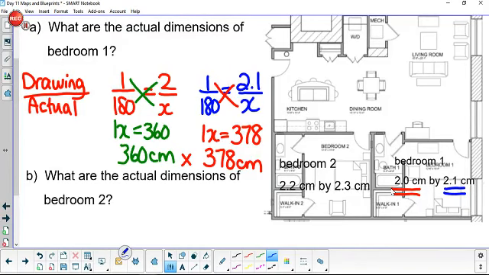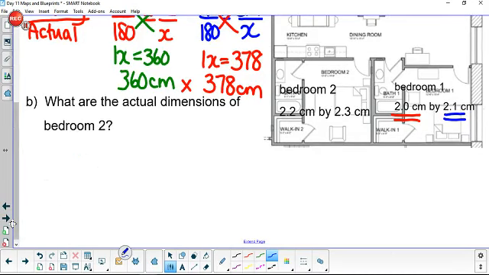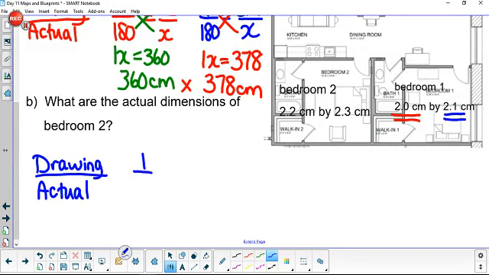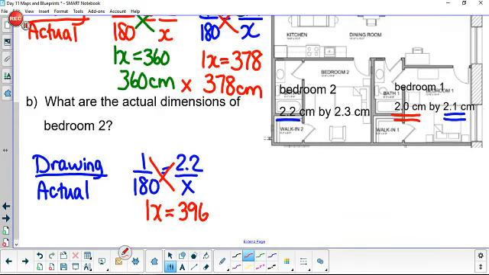So what are the actual dimensions of bedroom 2? We do the same work. We have our drawing to our actual. The scale is 1 to 180. The first dimension is 2.2 centimeters, and we want to find the actual dimension. 1 times x is 1x. 180 times 2.2 is 396, so it's 396 centimeters.